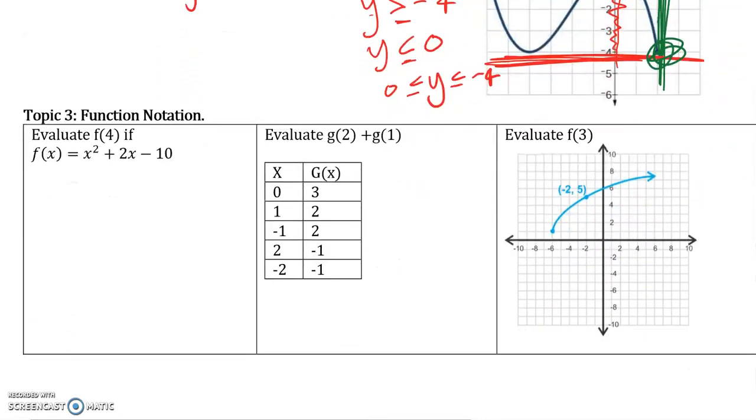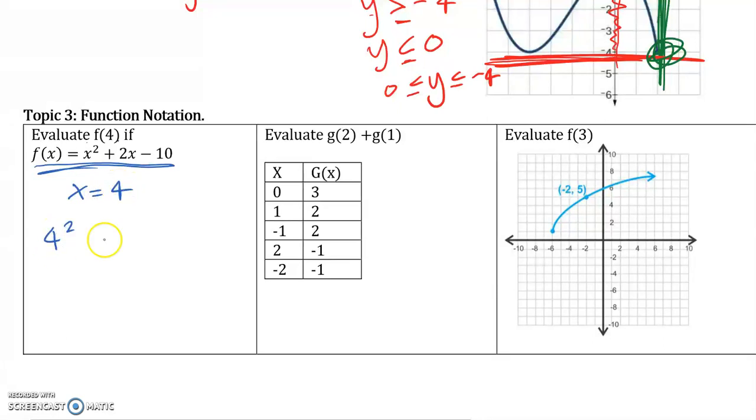Now let's talk a little bit about function notation. I know that you discussed this last year, but it might be a little rusty for you. So, function notation, you typically say f of 4. And then you're given an equation or a table or graph or something, and you have to tell me what the y value would be. So this is basically saying x equals 4.